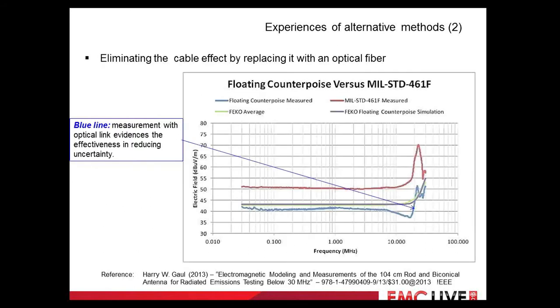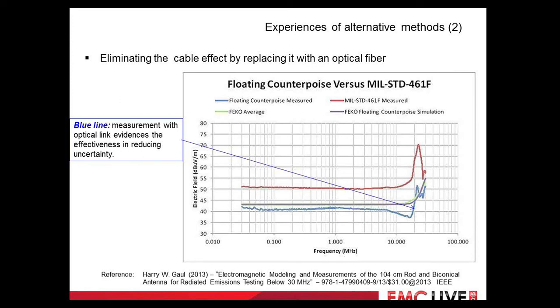It is interesting to see an experience by Mr. Gold of General Dynamics, who made a comparison between a simulation, a test with a cable, and a test with optical fiber transmitting the RF signal to the measuring instrument.